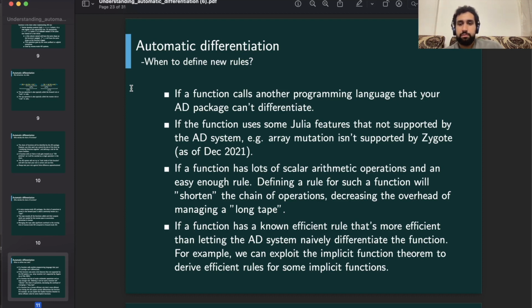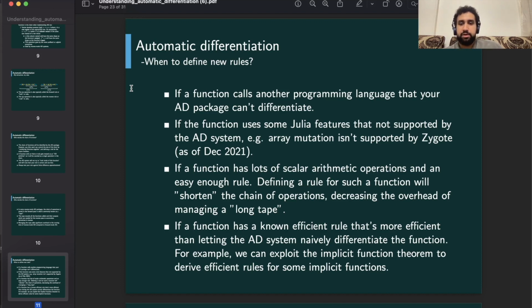But if you treat this whole operation as a single operation, as a single function call, then no matter how big your matrix is, it's still going to just be a single function call, right? The length of your chain is not going to be impacted by the size of the matrix, and that's a better design for AD performance than differentiating the individual scalar arithmetic operations in the matrix multiplication.